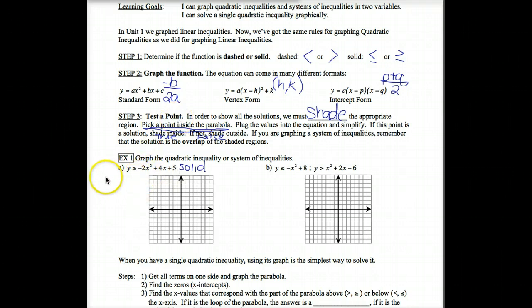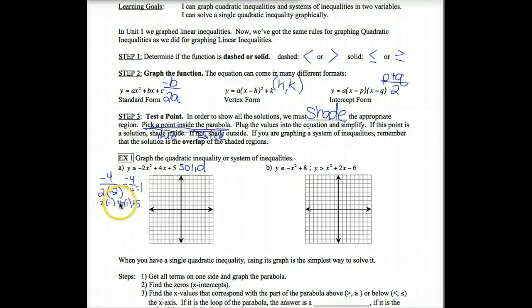This is in standard form, so I'm going to do opposite of b, so opposite of 4, over 2 times a, which is -2. That gives me -4 over -4, which is +1. So I plug that in to find the y coordinate: -2 times 1 squared plus 4 times 1 plus 5.